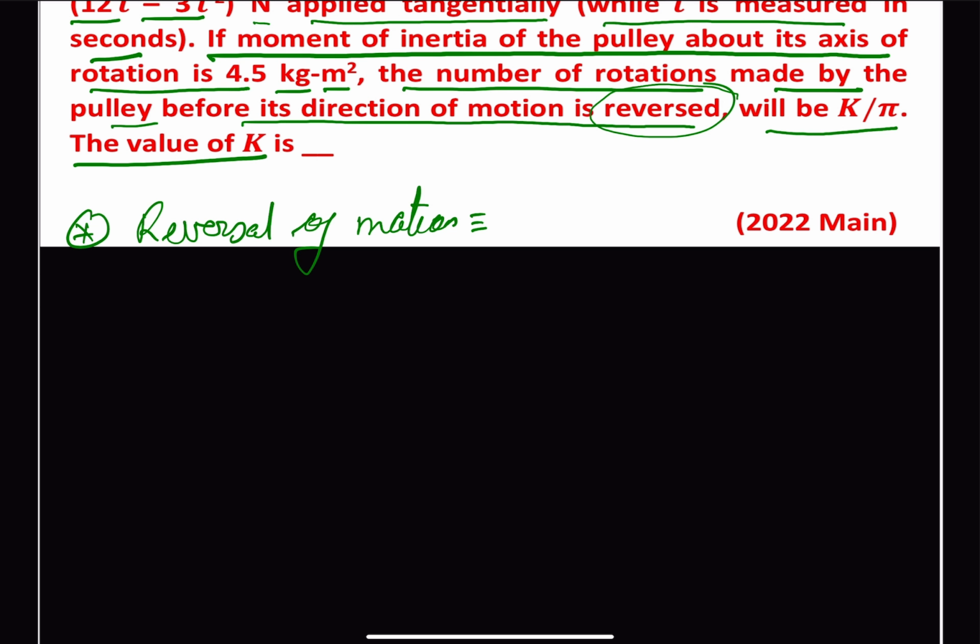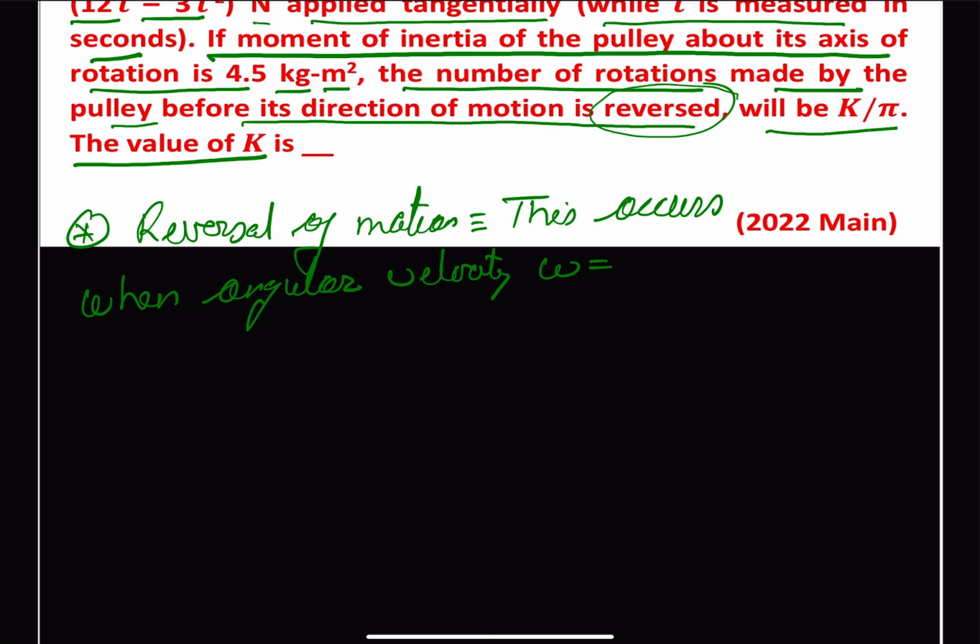So we can see the reversal of the motion occurs when angular velocity omega is equal to 0.